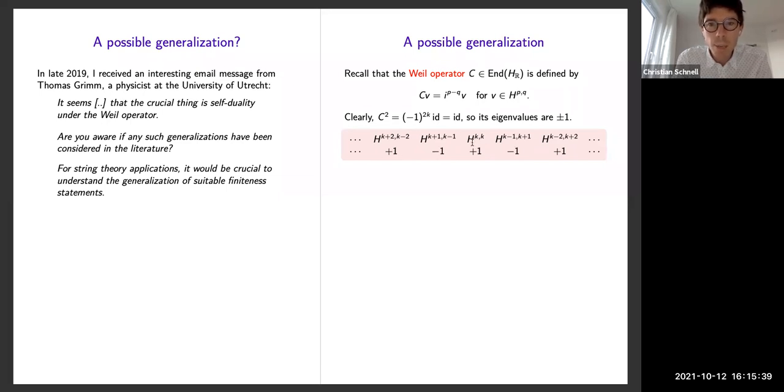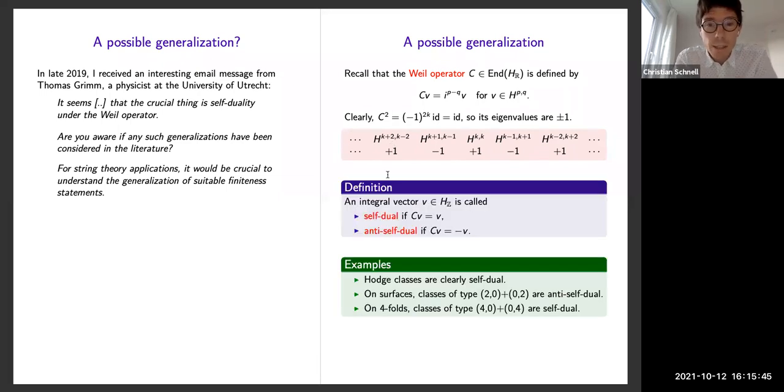On the middle part, it's +1, then it's -1, then it's +1, and so on. And so a self-dual class is just an integral class that's simply an eigenvector for the Weyl operator. Not necessarily of type KK, but just any type for which you get a +1. And then, of course, dually, you could look at anti-self-dual classes. Those are the ones that are -1 eigenvectors.